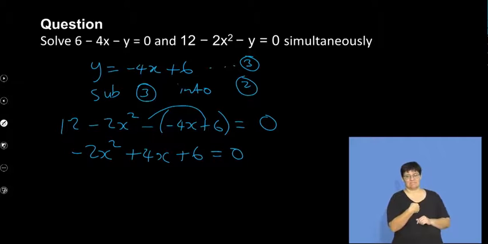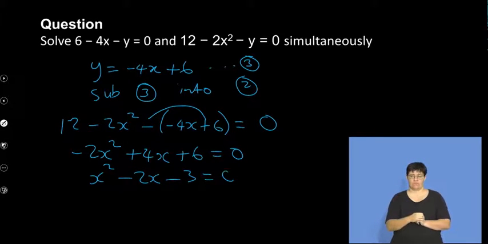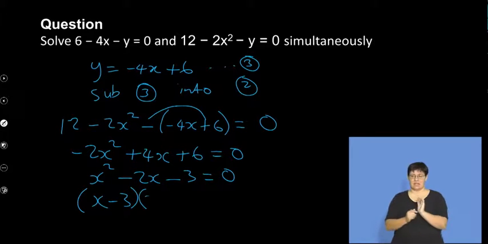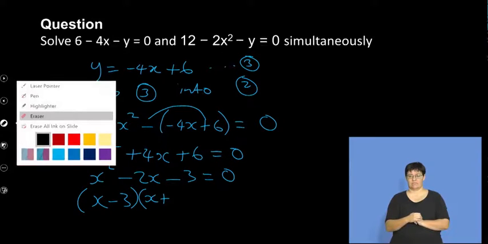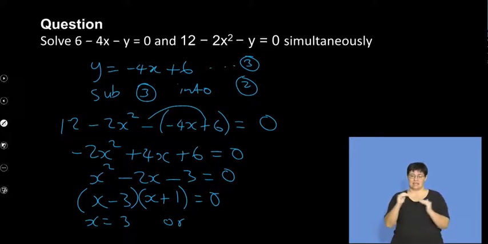Then you see that I can divide everything by negative 2, which will give me x squared minus 2x minus 3 equal to 0. You factorize this: it's (x minus 3)(x plus 1) equal to 0. Then my x will be equal to 3, or my x will be equal to negative 1.